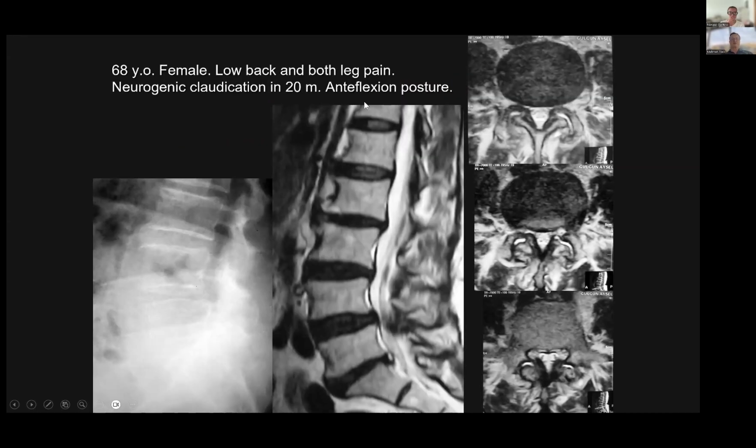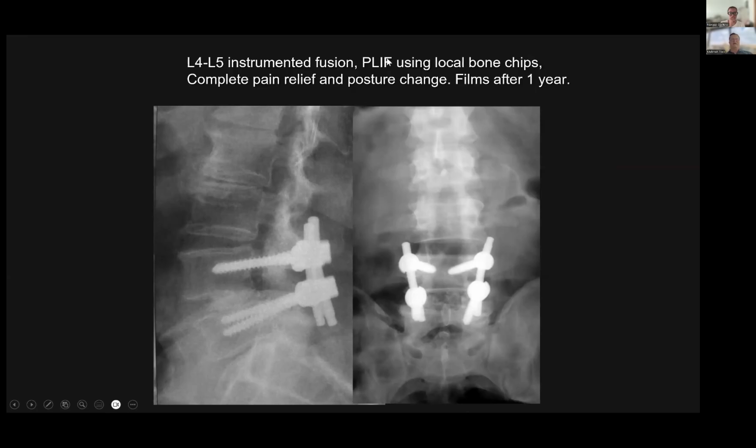I will show you some cases. This case had neurogenic claudication and an anteflexed posture in walking, and we did a one-level decompression and fusion using PEEK grafts and local bone chips, and these are the films after 1 year with solid fusion. So, interbody fusion has higher fusion rates.